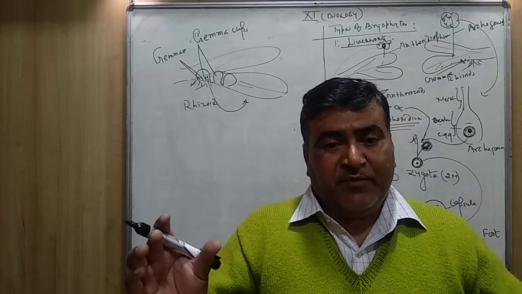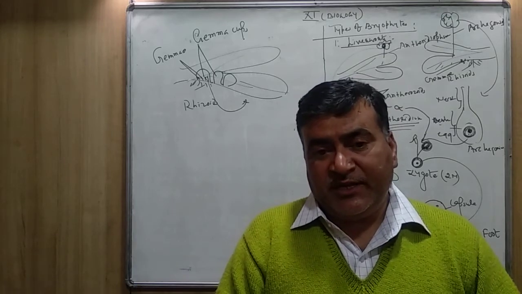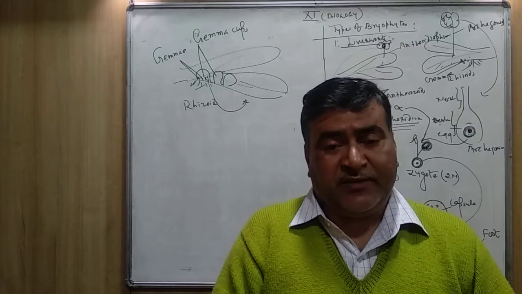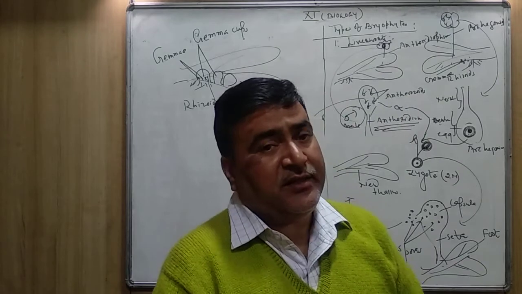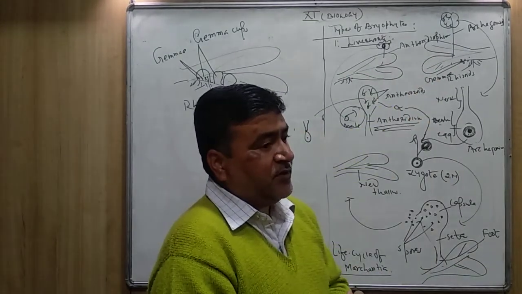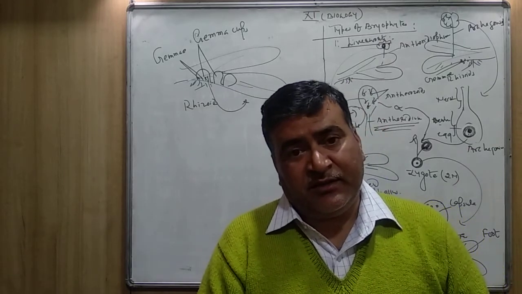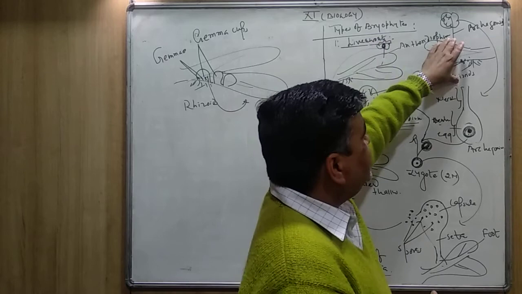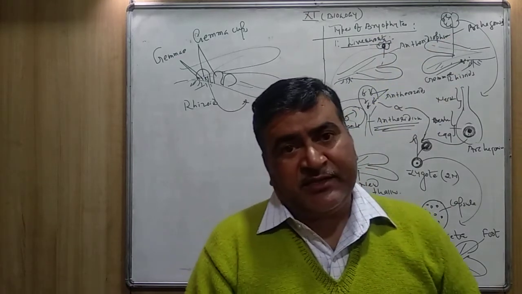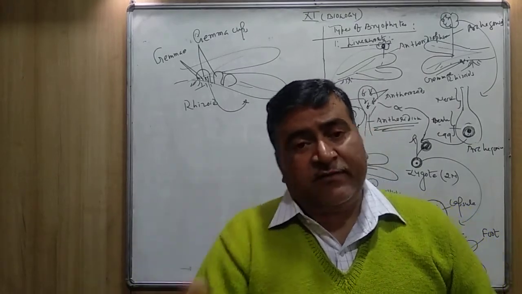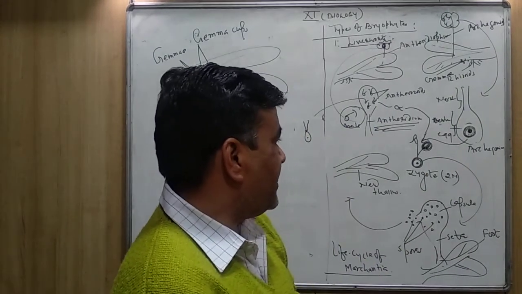Monoecious means the male and female sex organs are both present on the same thallus, same body. And in the case of dioecious, as in this diagram, the male and female thallus are separated from each other. This is the male thallus and this one is the female thallus. So here the male gametes are transferred from the male to the female and the process of fertilization takes place.